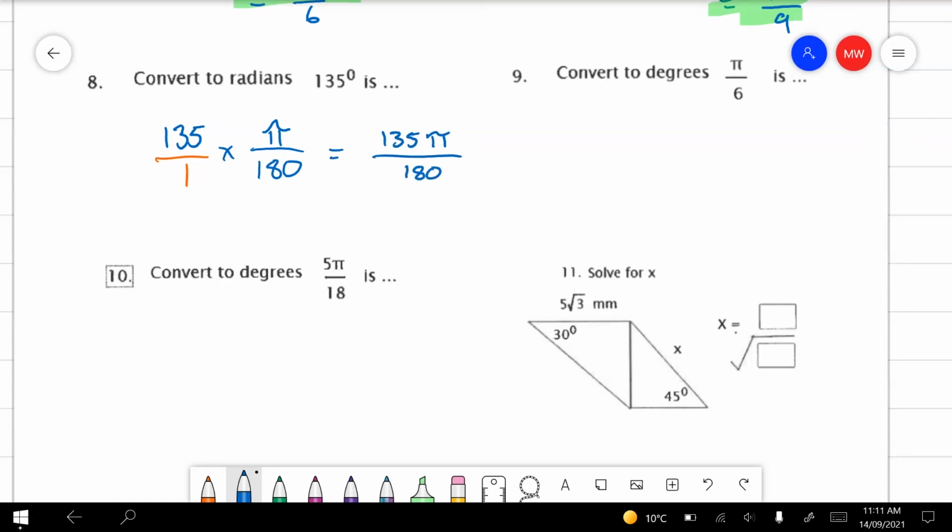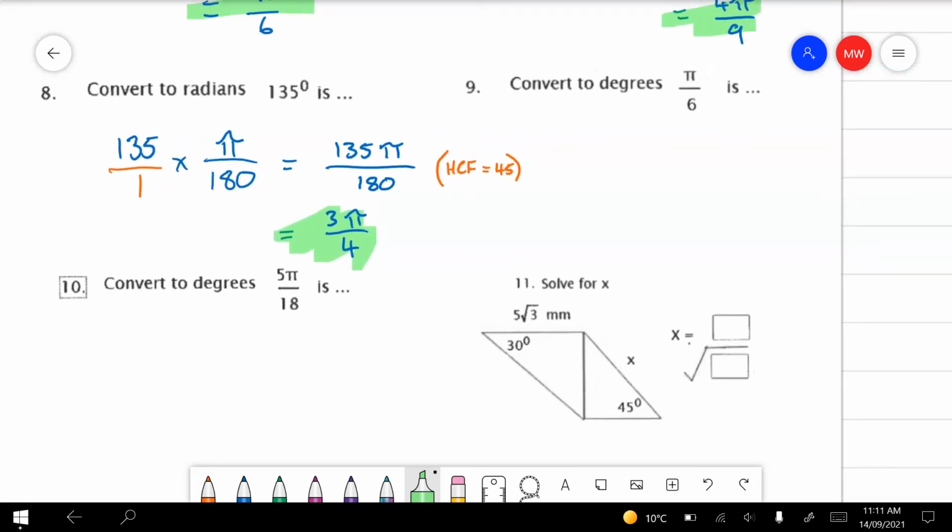What's the highest common factor of this? It looks like it might be 45. You don't have to write this in, I'm just writing this in to help you out. So divide both by 45, assuming you didn't have a calculator, and you'd end up with 3/4 of pi, or 3 pi on 4 is another way of saying it, as your final answer.